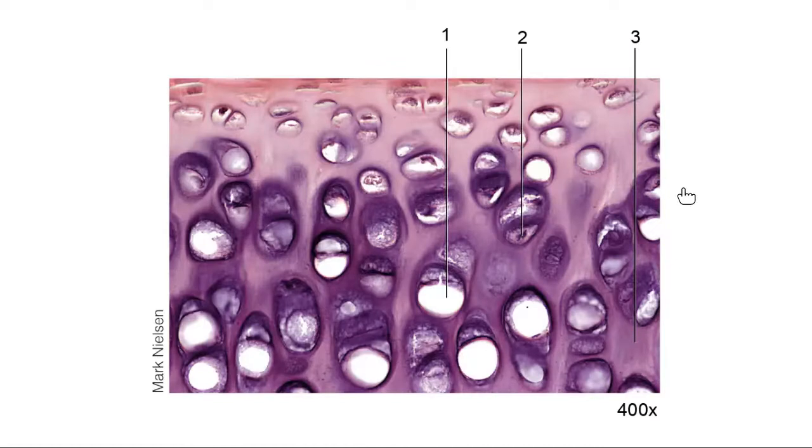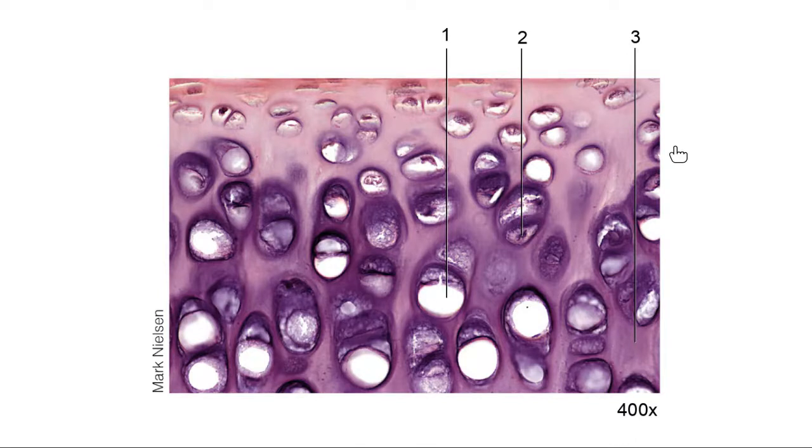Here you have the real picture of hyaline cartilage. In this picture, you can see the chondrocytes, which are located in the space of lacuna. And your matrix is homogeneous. You cannot see fibers in the matrix. This is the other chondrocyte. This is the other one. Hyaline cartilage.